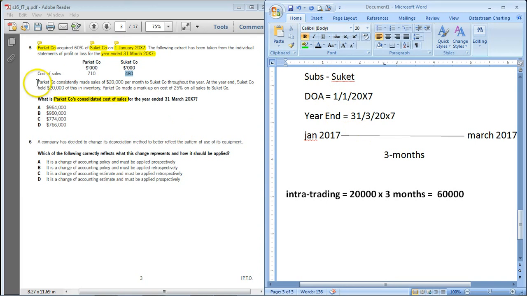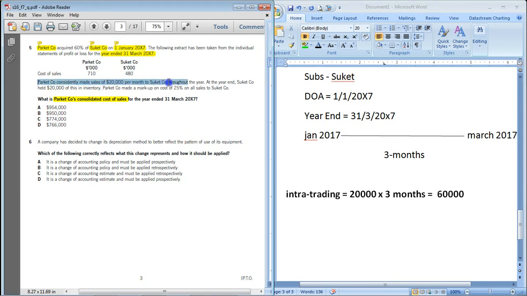Alright. So, Parker Company consistently makes sales of 20,000 per month to Suket through the year. Parker is your parent. You make sales per month to Suket. Parker is the seller, Suket is the buyer. This means that this is an intra-trading transaction because you sell to your subsidiary. 20,000 per month. So how can I know the total amount of sales?